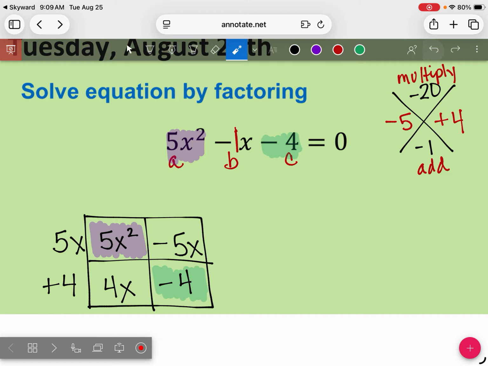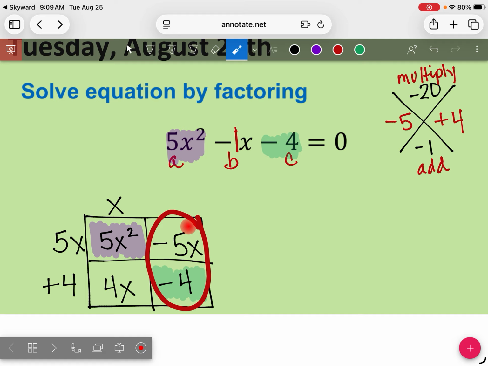Okay, so now we're going to look at our columns. Looking at these two, I can't take out a number, right? But what can I take out that they both have? Just the X. And lastly, keep in mind that whatever I take out of these two squares has to multiply by this to give me this.